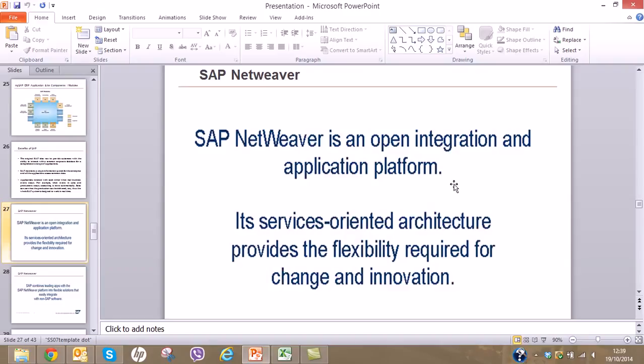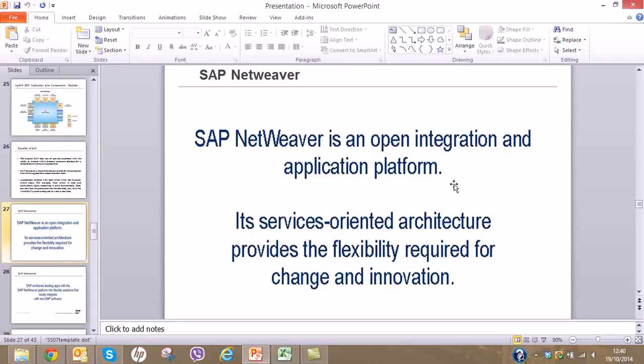If you want to understand SAP NetWeaver, you have to go for the training of SAP Basis. The Basis consultant does all the networking and integration with external SAP systems. So the Basis job is quite a lot. He makes the integration with the external software.